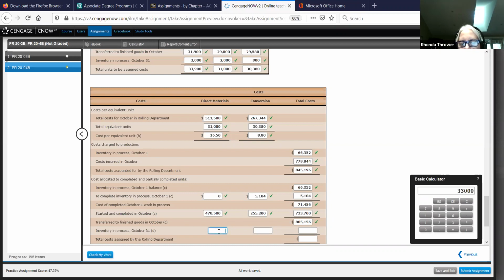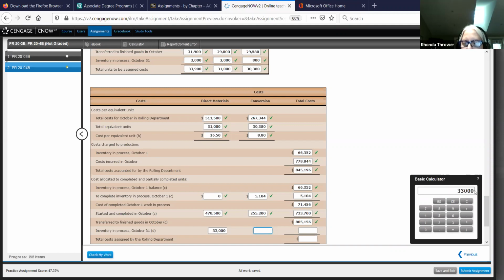And that'll give you 33,000 for ending inventory materials. And then you've got to take the 800 units for conversion for ending inventory.